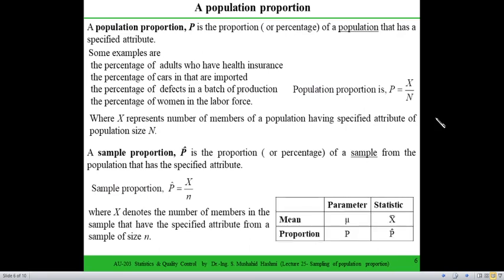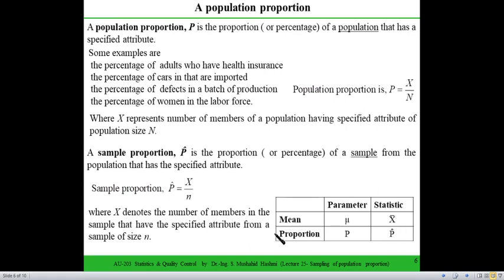We have already learned that the mean is a parameter, and we use a Greek letter to represent parameters, and parameters always talk about the population, whereas the mean of the sample is called a statistic, and statistics always come from a sample.